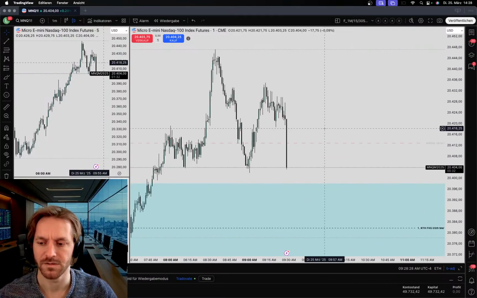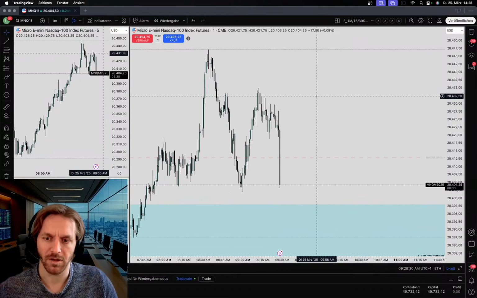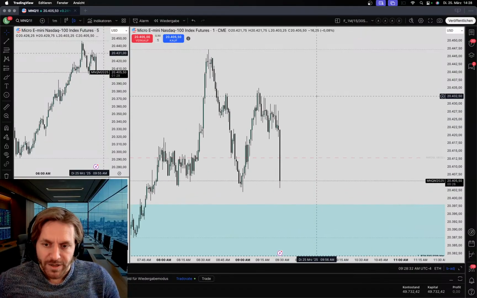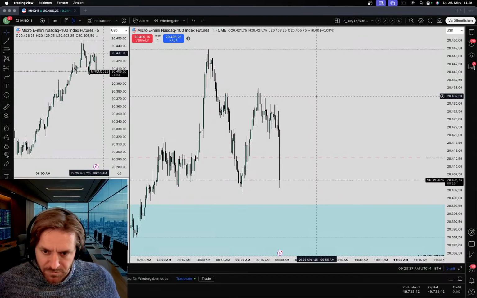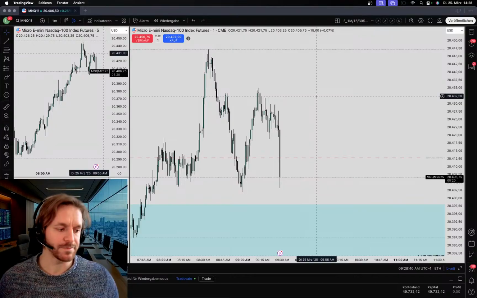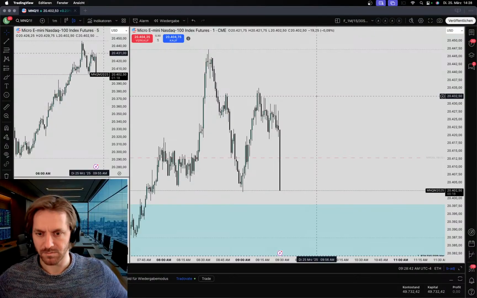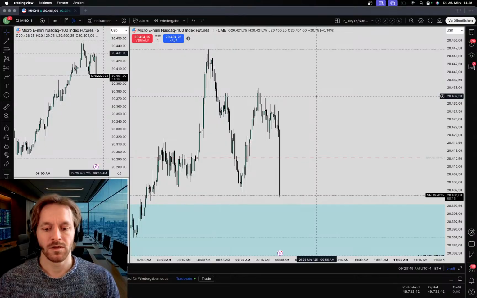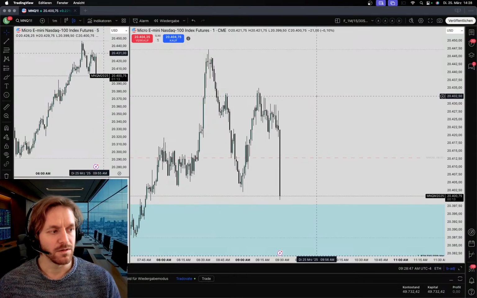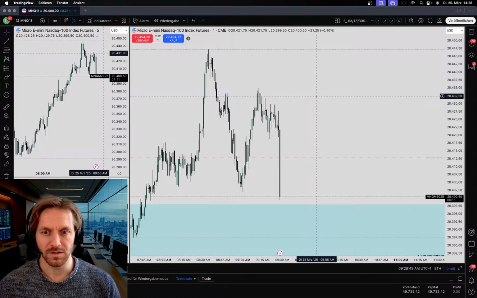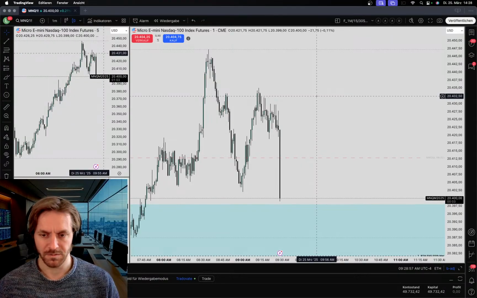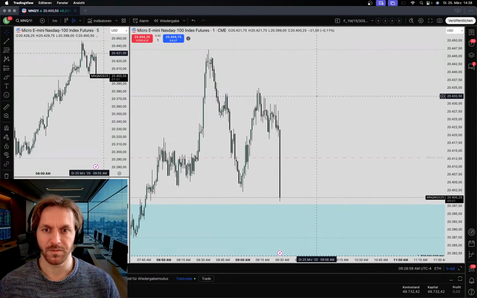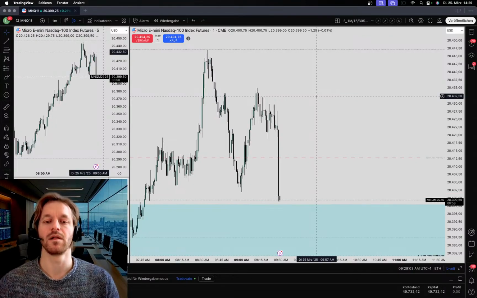So we have 2 minutes left until the opening bell is ringing. We go lower again, just a few minutes or rather seconds before we see the real opening, which indicates to me that price wants to go lower in the opening range, but I will see.